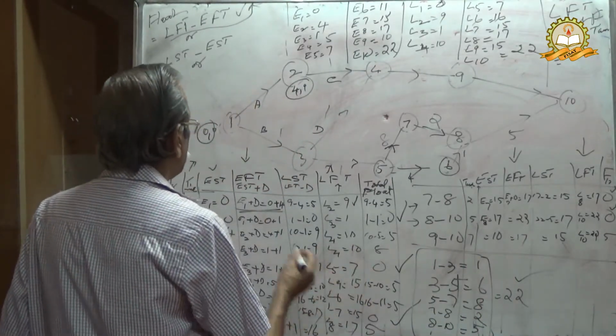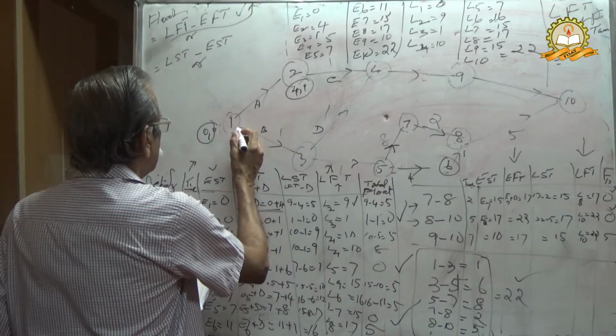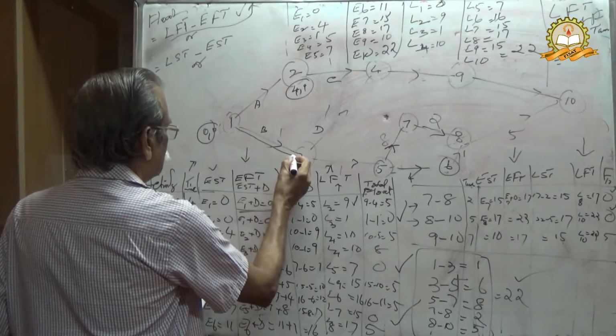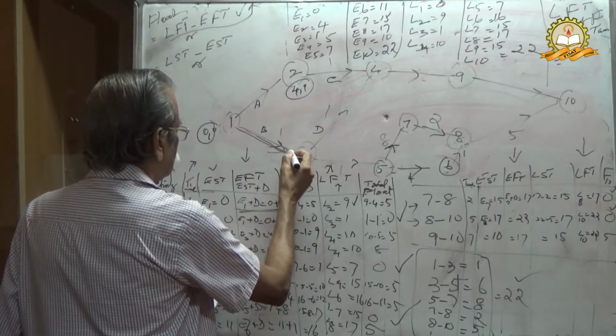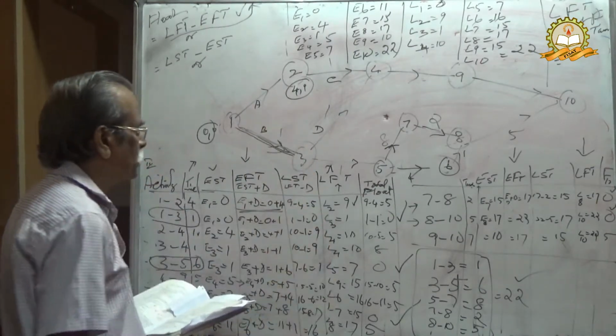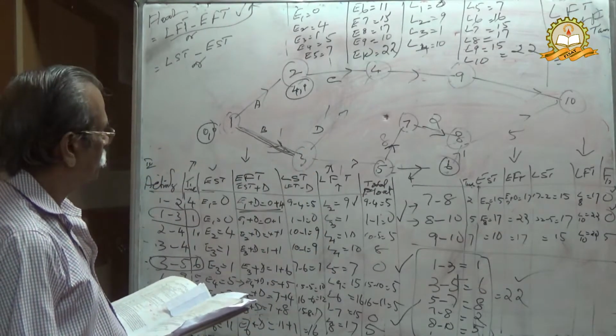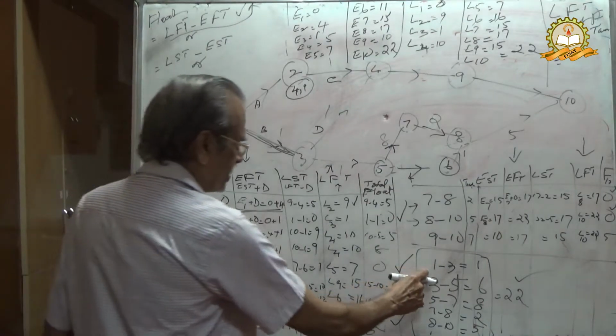Therefore, here again if you come back to the original network diagram, you specify this by darkening the network. You convert by darkening 1 3, taken care.